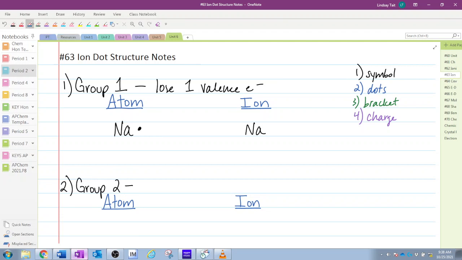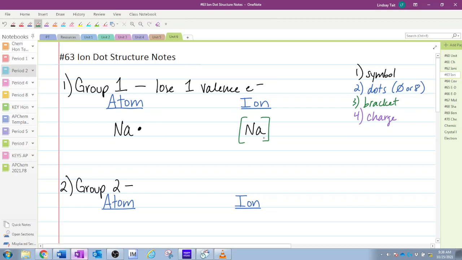That's going to be a possibility that for your dots, you could have 0, or later you're going to see you could have 8. Those are your only choices for ions. You either have 0 because you've lost your outer shell, or you have 8 because you've picked up enough to fill your outer shell. So there's nothing to write for step 2. No dots. Step 3, put the symbol in brackets.